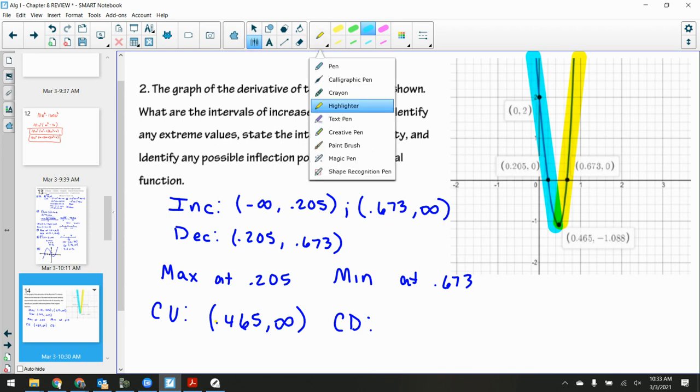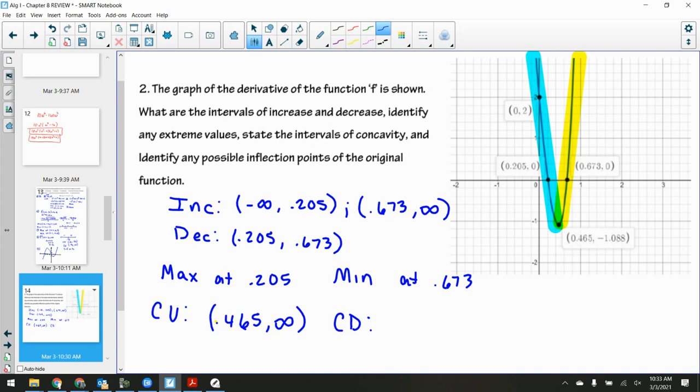That means all of that is concave downward because it's decreasing: negative infinity to 0.465. That's what I had to change on the key, that I had flipped those, concave up to concave down. Which means when it flips from concave up to concave down, that's the inflection point. So the inflection point is at 0.465.